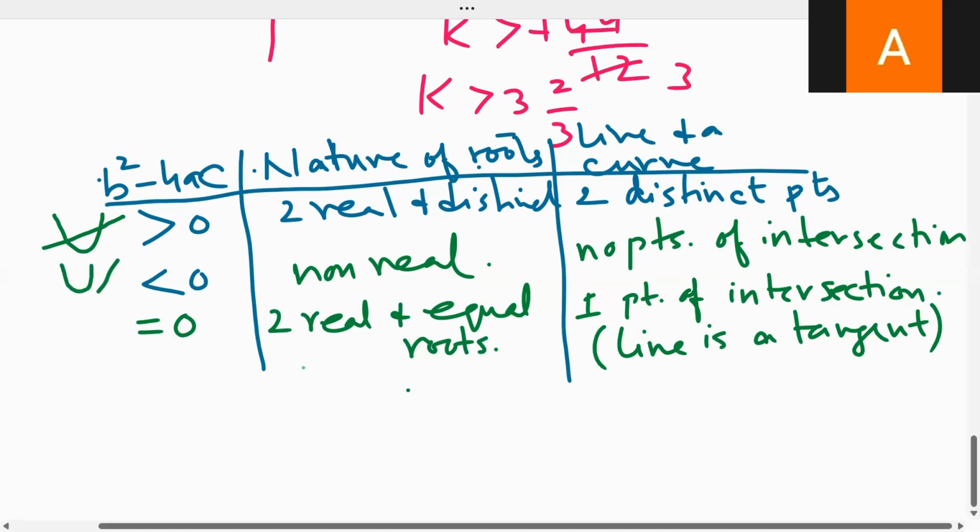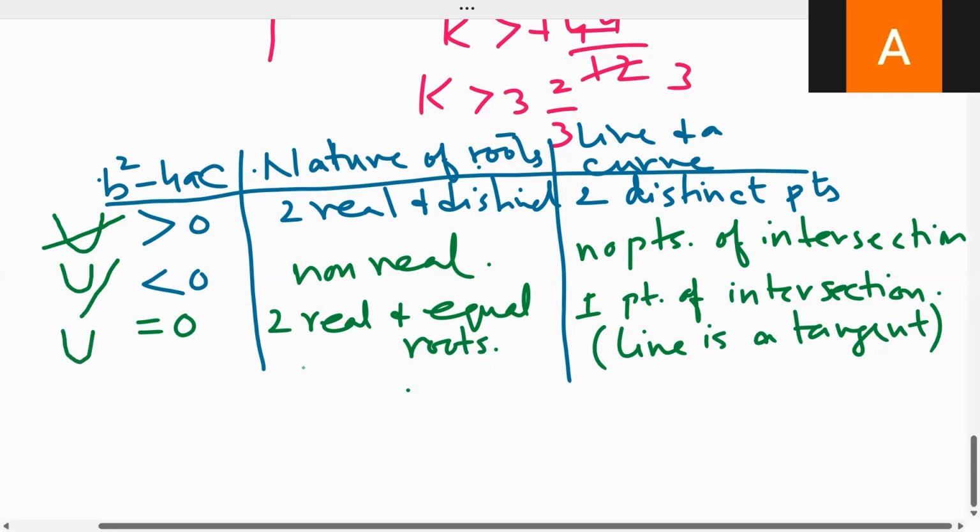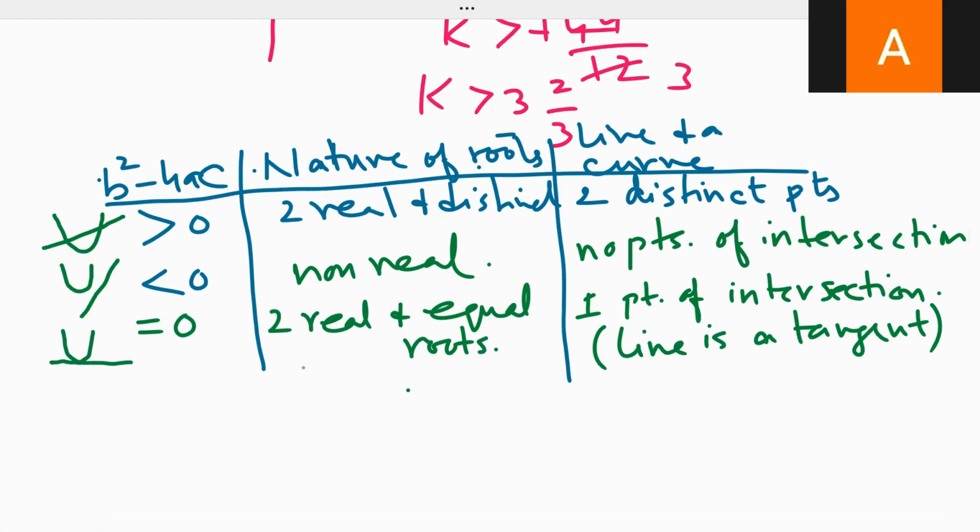For less than 0, there will be no intersection. And when b square minus 4ac is 0, the line will be tangent to the curve. So this is basically a brief summary of the topic.